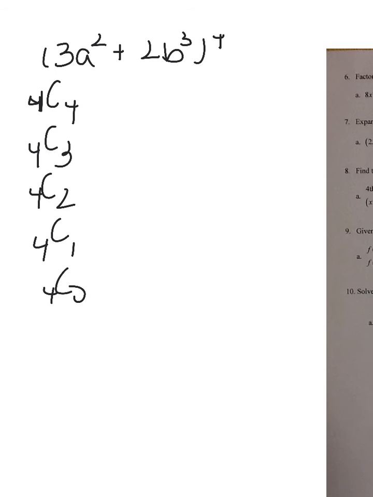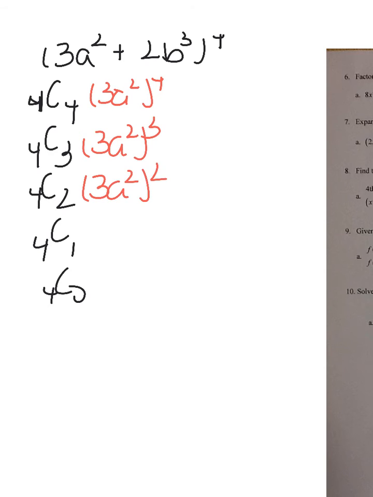And then it's going to be 3a squared to the fourth, 3a squared to the third, 3a squared squared, 3a squared to the first, 3a squared to the 0.